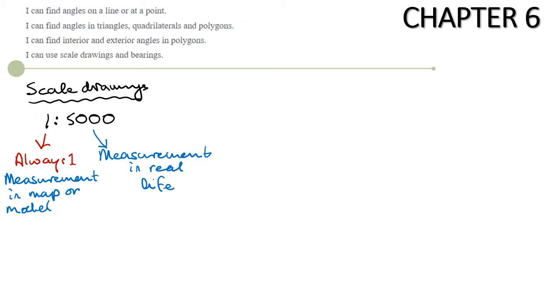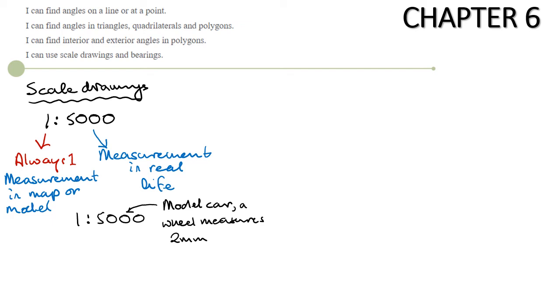And when we do questions like this, you start by writing out what the scale is. So let's use 1 to 5,000 again. Let's say that we had a model car, and the car was made to this scale. And let's say a wheel in the car measures 2 millimeters. And we want to know how big is the wheel in real life.